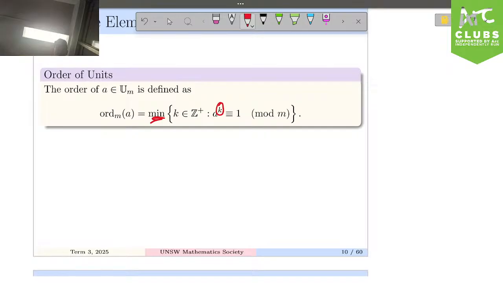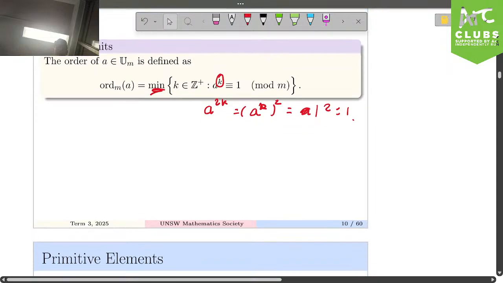If you can take a and raise it to a power and get 1, then I could raise it to the power 2k, and that would be a to the k squared, which would be 1 squared, which would be 1. So it's not unique. We actually say it's the minimum one, and so therefore it is unique. All right, so that's what an order is. It's the power.